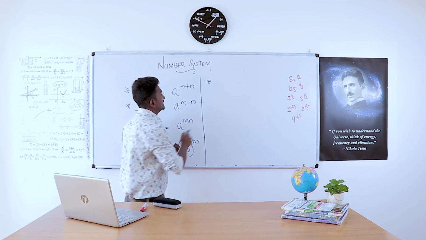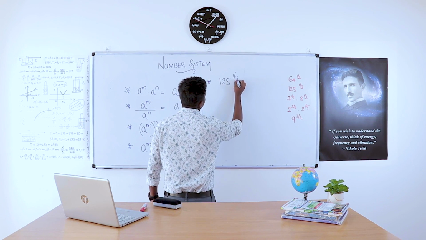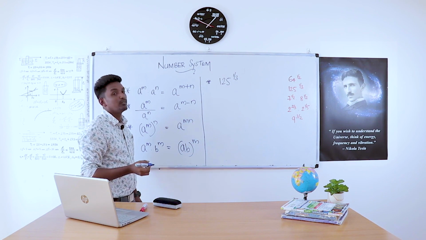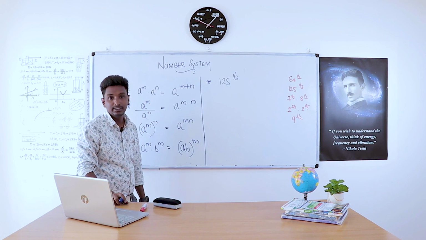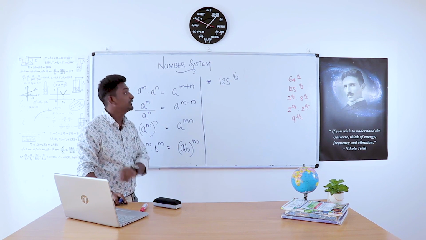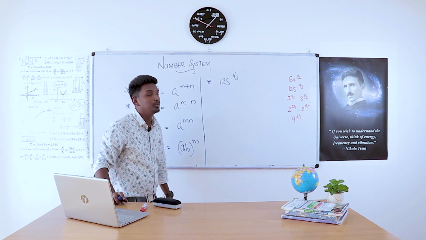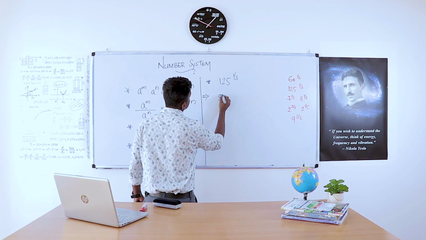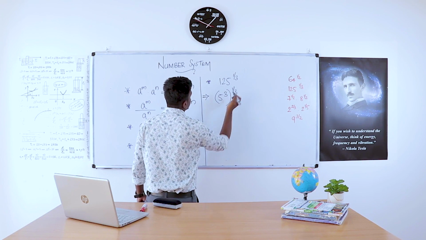Next is 125 the whole raised to 1 by 3. 125 can be written as 5 into 5 into 5, right? 5 into 5, 25. 25 into 5, 125. 5 into 5 into 5, that means 5 cube. Now, I write 125 as 5 cube, the whole raised to 1 by 3.